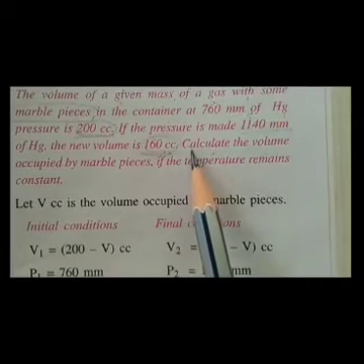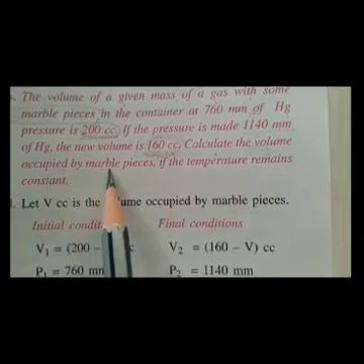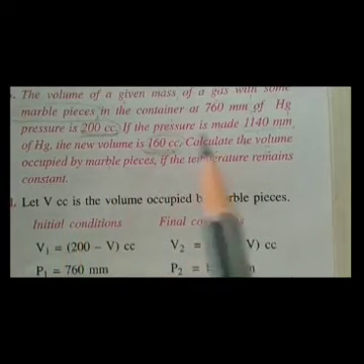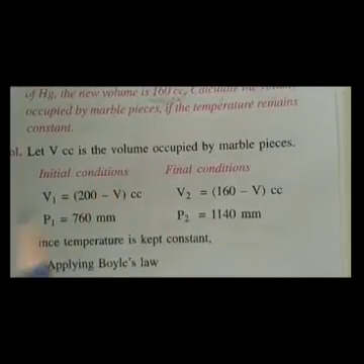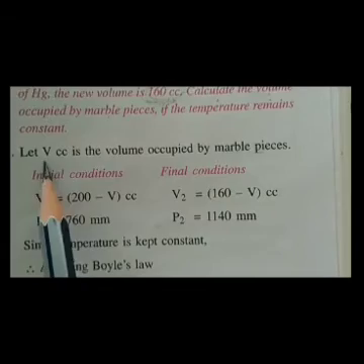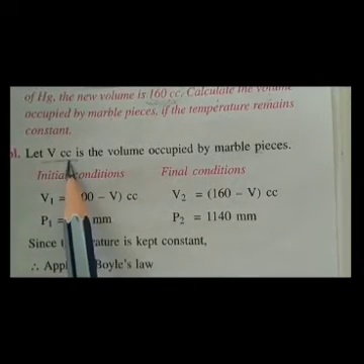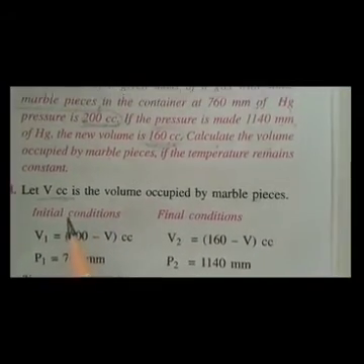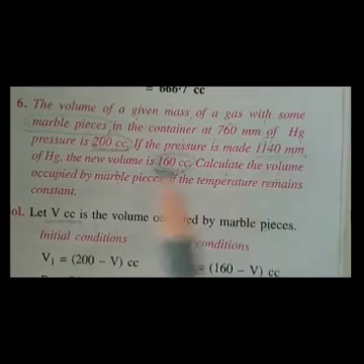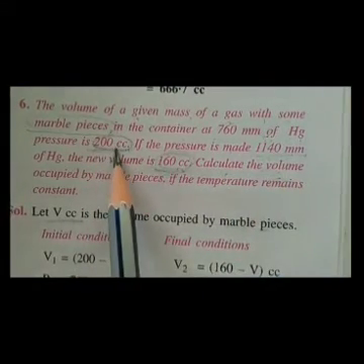Here we have to calculate the volume occupied by marble pieces if the temperature remains constant. Firstly we will suppose that the volume of marble pieces is V cubic centimeter. When the pressure is 760 millimeter of mercury, the volume is 200 cubic centimeter.